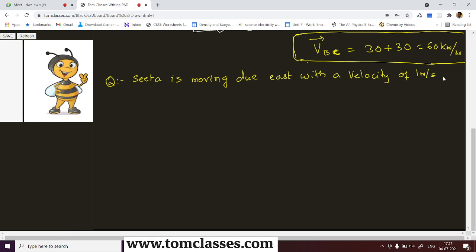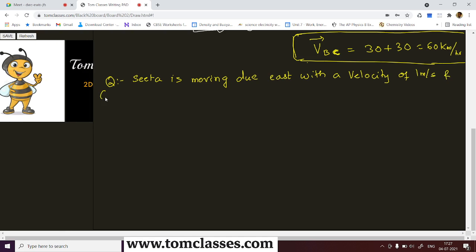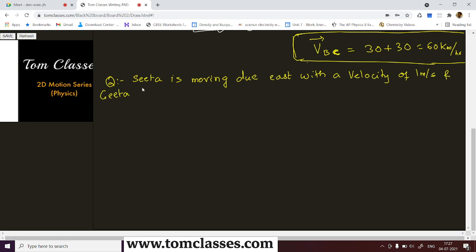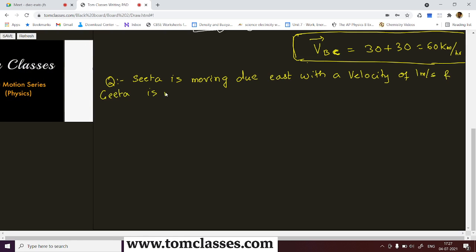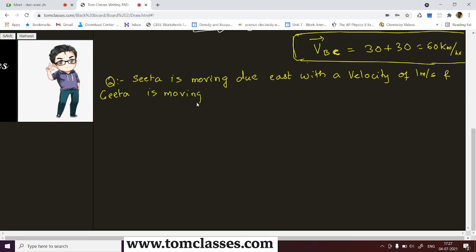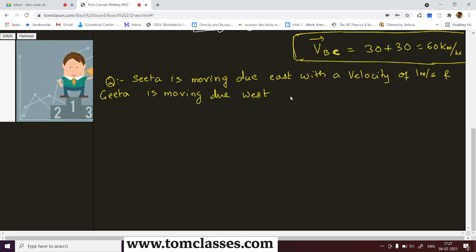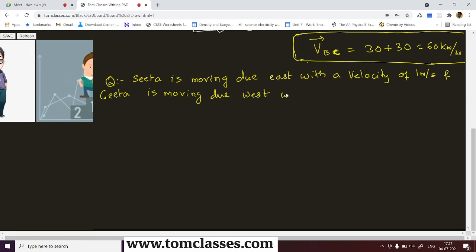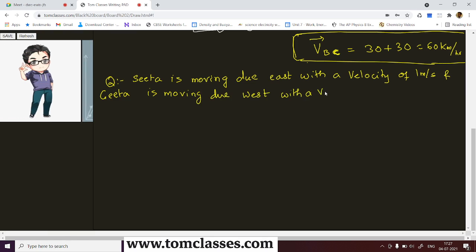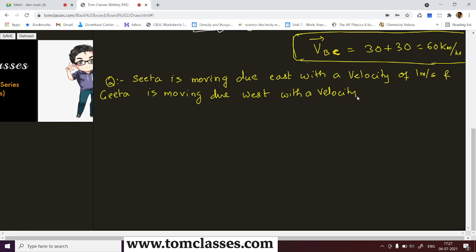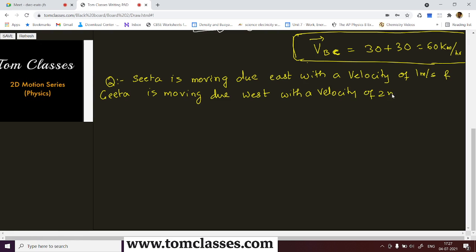How fast is she going? And then there is another lady, Geeta, who is moving due west with a velocity of 2 meter per second.